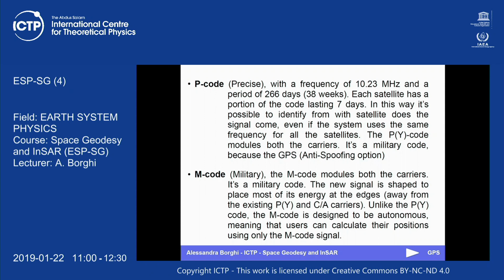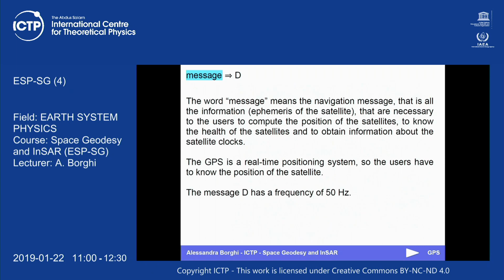In a few years, they realized that with this type of corruption of the signal, the military also had problems computing their position. So they removed this, because the military have low-cost instruments, of course. And so at the moment we have really separated the civil application from the military one, so it's not a problem for us.